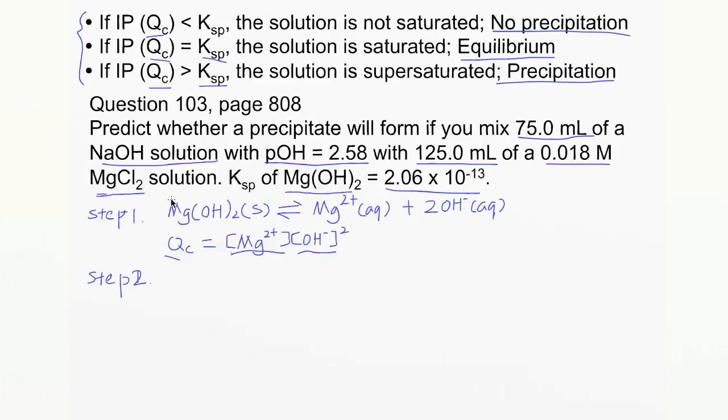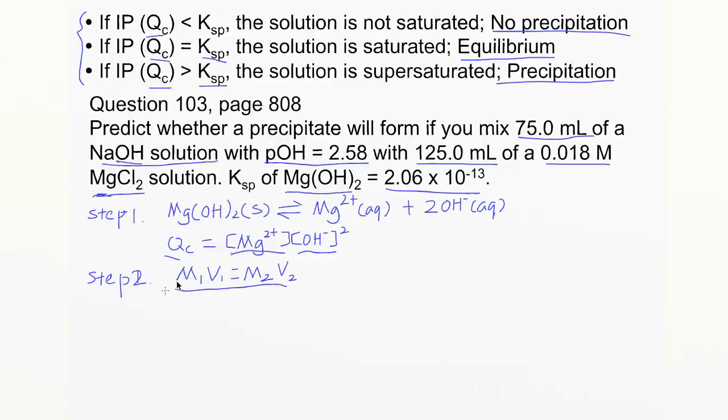After you mix the two solutions together, the concentrations of hydroxide and magnesium will change. So we need to use M1V1 equals M2V2 to calculate the new concentration of those two ions. Let's focus on the hydroxide concentration first. This is the equation we need to use.